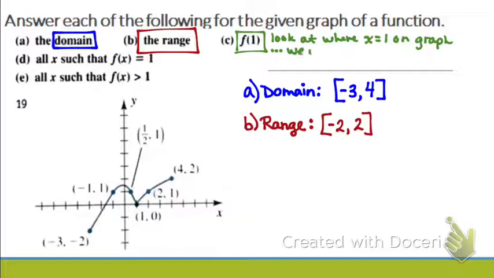We want the output, the y value. So f of 1 on my graph, here's 1 on the x-axis. What's the output for that? 0. So f of 1 equals 0.